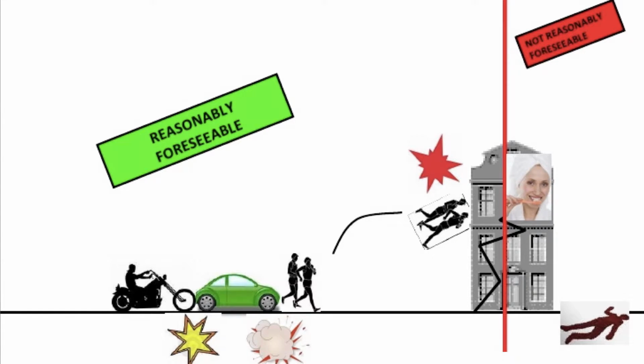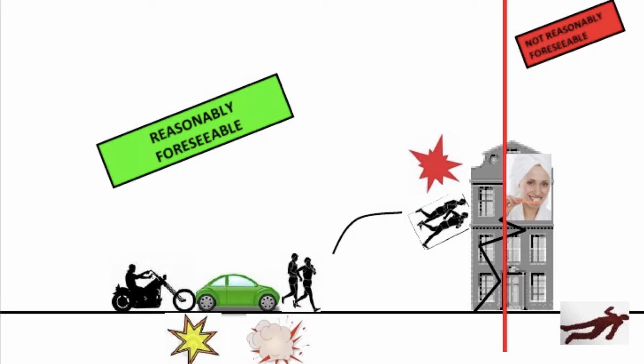It is reasonably foreseeable that you might rear-end someone and cause an injury to them or their vehicle. It's also reasonably foreseeable that your running into the back of the car might cause that car to bump someone else in front or swerve, but it could hit somebody else.